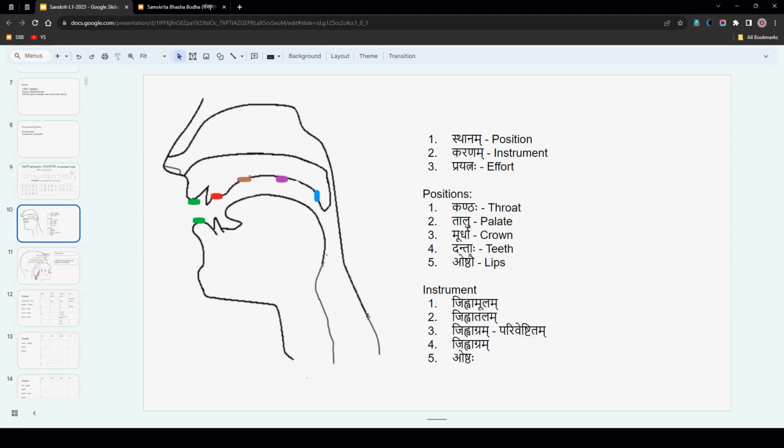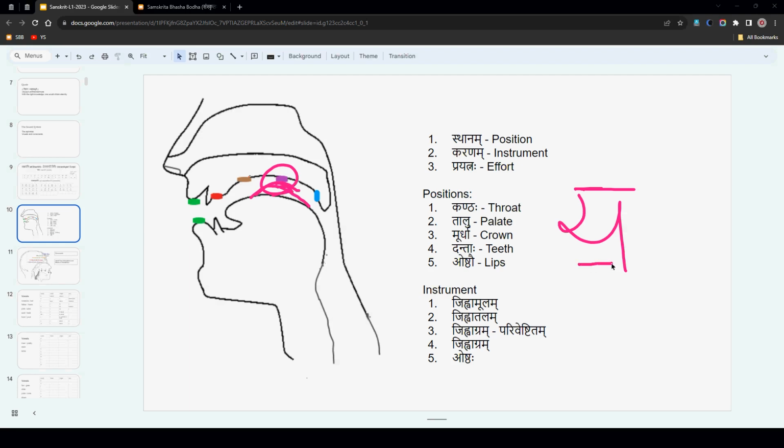When you say cha, it is somewhere here. So when we say ya, the surface of the tongue also moves towards this talu, but it does not completely block it. It just brushes against that talu there.